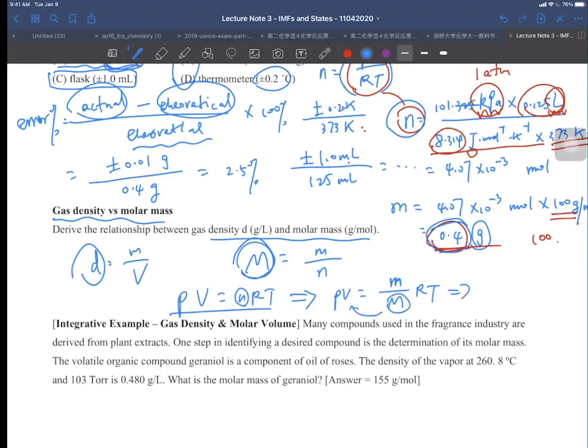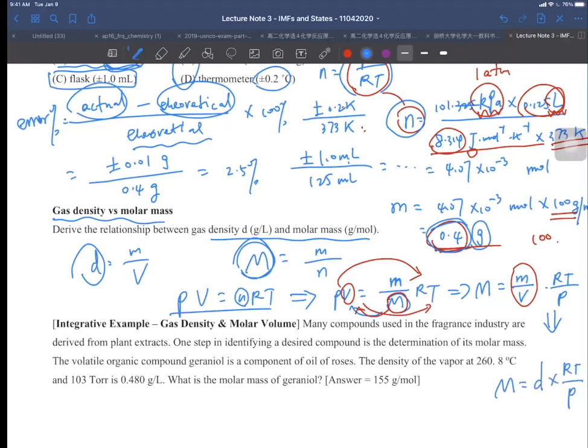We get molar mass equals mass over volume times RT over P. I put the volume here because I need m over V, that is the density, right? So finally, we get the molar mass equals the density times RT over P.